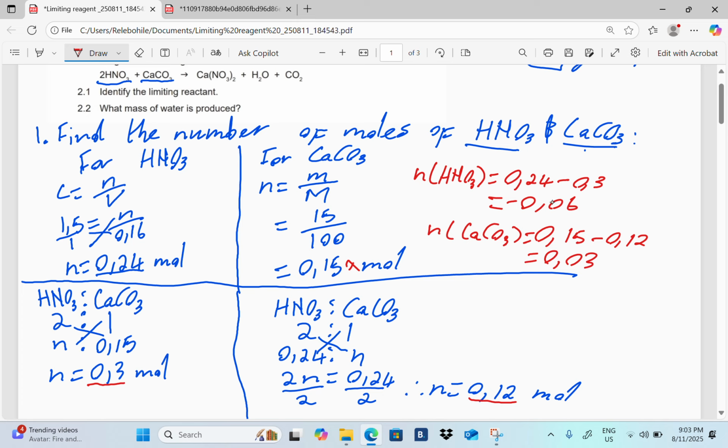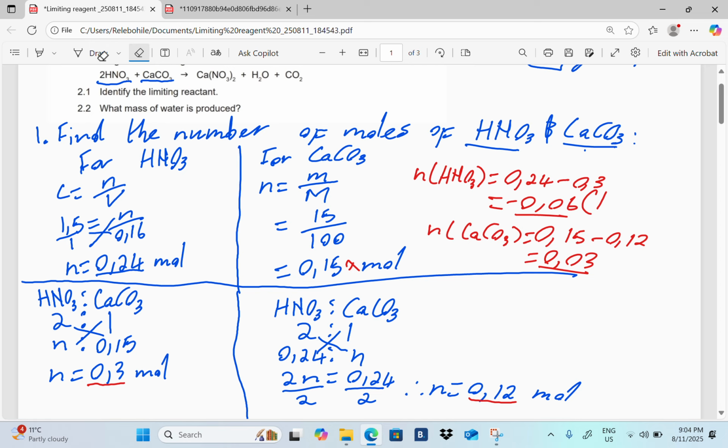From here, I'm going to compare now this and that. When I check which one between these two is less, well, the one that's negative is definitely lesser than this one that is positive. And now what does that tell me? It tells me that nitric acid is our limiting reagent. Why? Because it's less. I mean, it's negative. It means I'm short of it. So it's limiting.